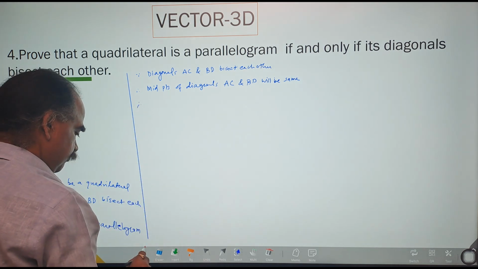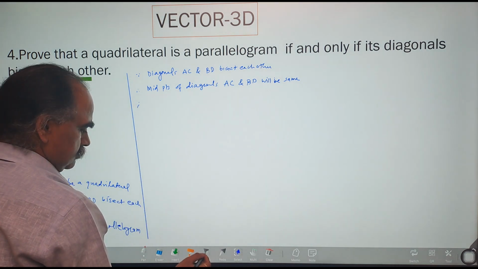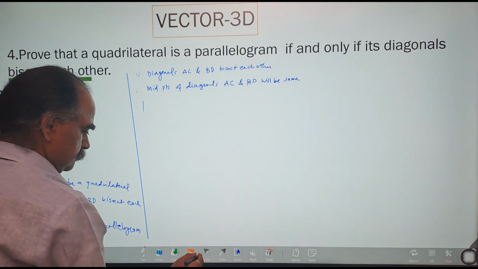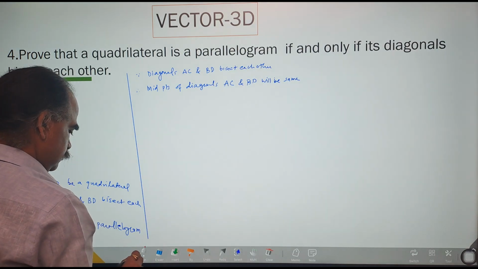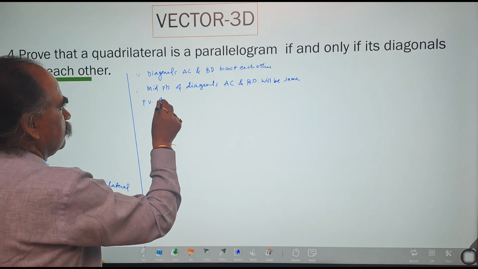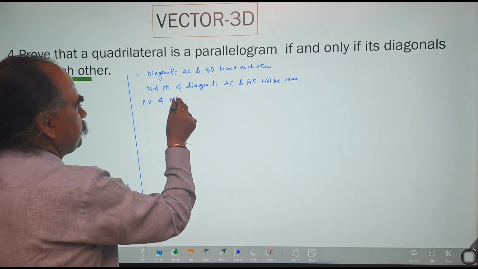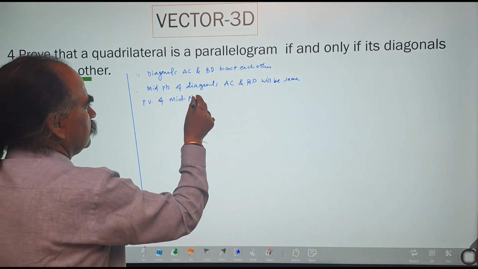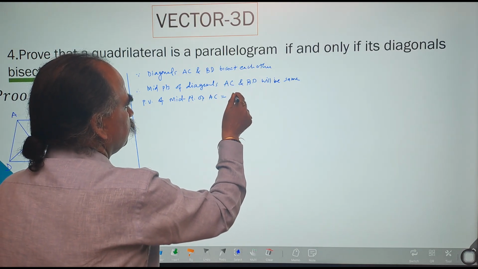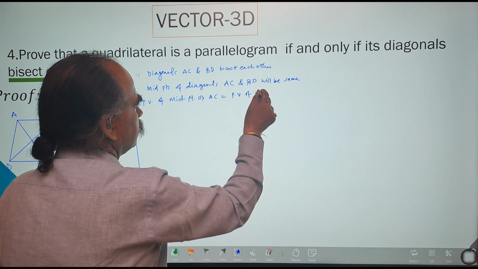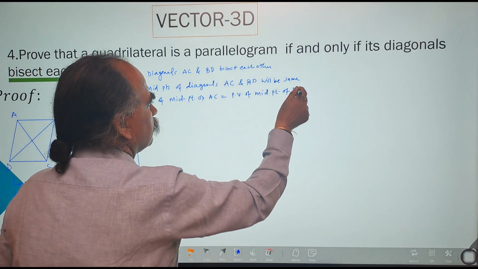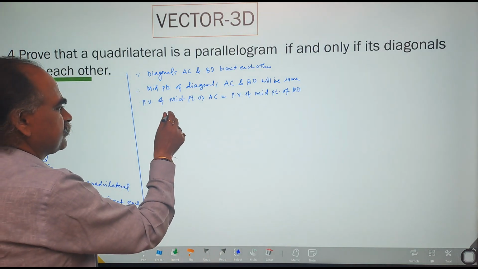Therefore, the position vector of the midpoint of AC will be equal to the position vector of the midpoint of BD. What is the position vector of the midpoint of AC?